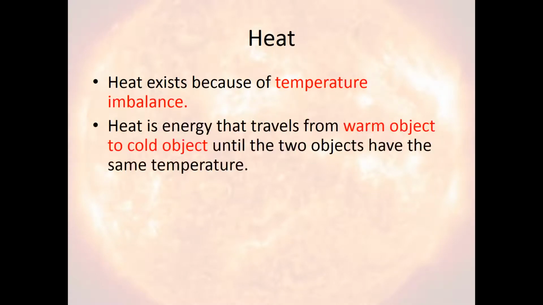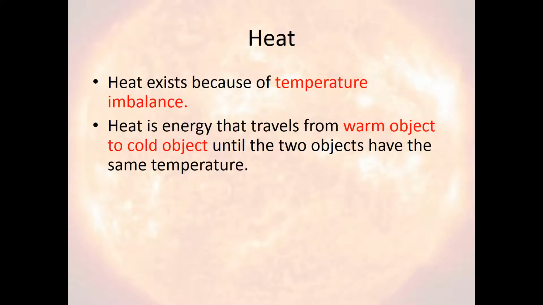So here's what happens. When you have two objects, one warm, one cold, Mother Nature hates imbalance. Mother Nature does not like it. A natural system does not like it when it is imbalanced. As a result, exchange happens.